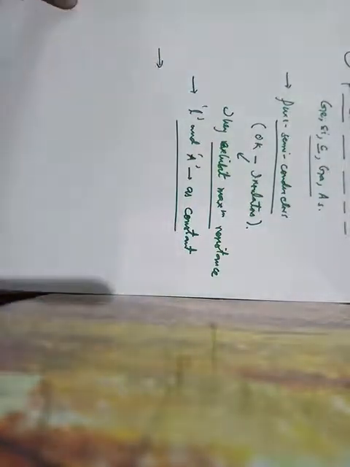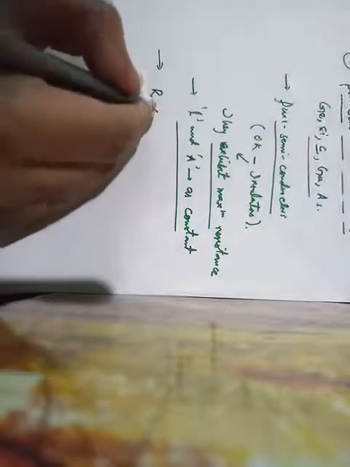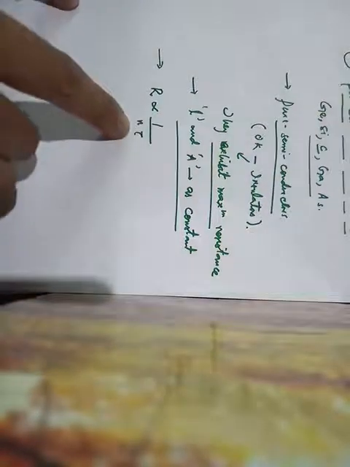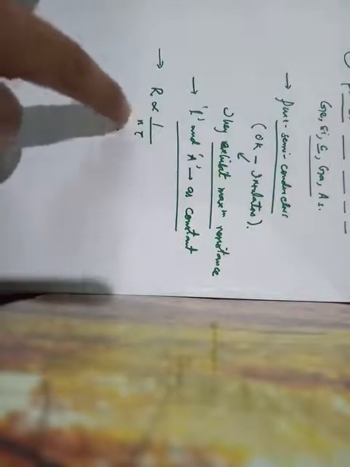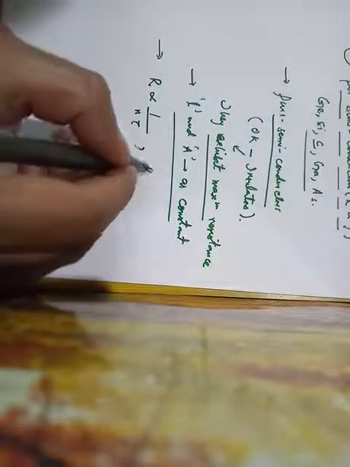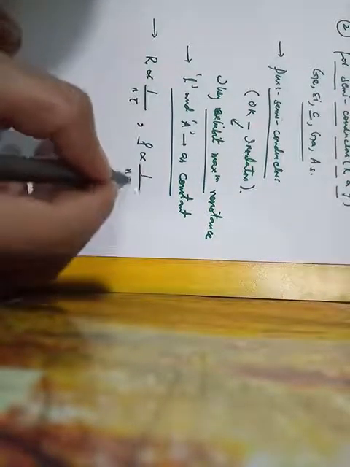Okay, so let's go to the formula for the resistance. We have R inversely proportional to n and tau, because only these two parameters are functions of temperature and they are going to vary. The rest of the terms involved in resistance or resistivity are constant. Here rho is also inversely proportional to n and tau.